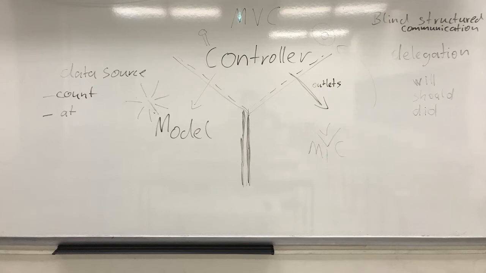So the view doesn't know anything about the view controller, or it shouldn't. The view should be able to somehow communicate to the controller that something has changed. So if there's an action happening, that's what we want to convey to the controller.